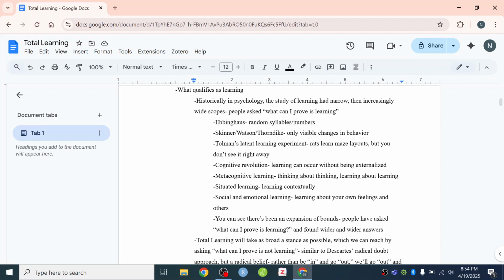These things were completely stripped of any kind of extra meaning or layered over meaning, just a random series of stimuli, random series of numbers, random series of syllables. I'm sorry, I said words. It wasn't even words. It was random syllables, trying to strip quote unquote confounding factors away and measure learning quote unquote purely. And of course, he created these famous forgetting curves, which are still relevant today.